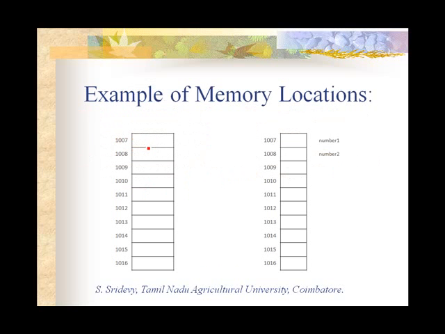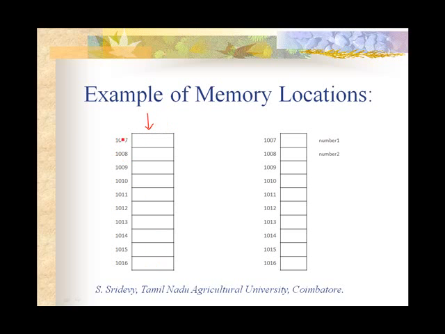Let us see an example of memory locations in a computer. Assume that these are the memory locations in your computer. And these numbers are the addresses of the locations.